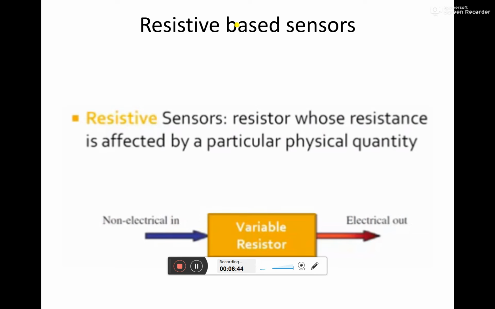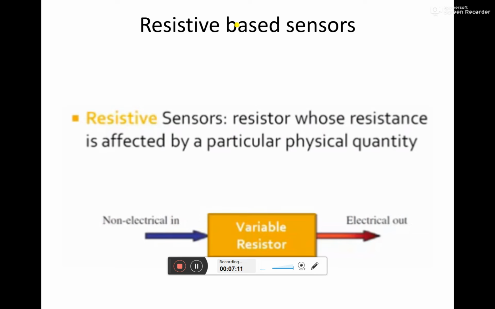I already mentioned that we can use different sensing elements in the tactile surface. One such type of element is the resistive based sensor. In resistive sensors, we use resistors whose resistance is affected by a physical quantity.